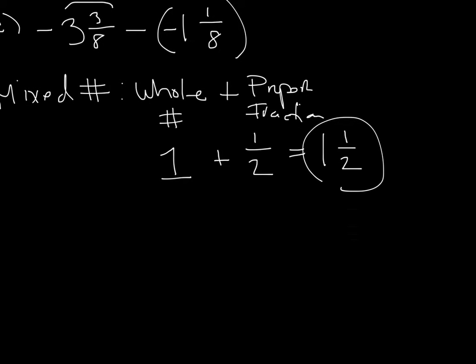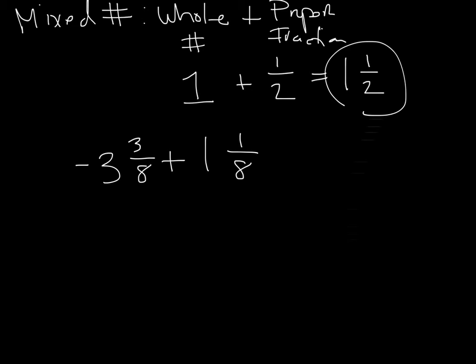So let's rewrite this. So -3 3/8. Okay, we know a negative times a negative is a positive, so that's plus. Okay, so in order to work with these mixed numbers, let's change them to improper fractions. So improper fractions, the trick is to multiply that 3 times 8, and then you're going to add it to that guy. But we're going to omit this for now, okay?